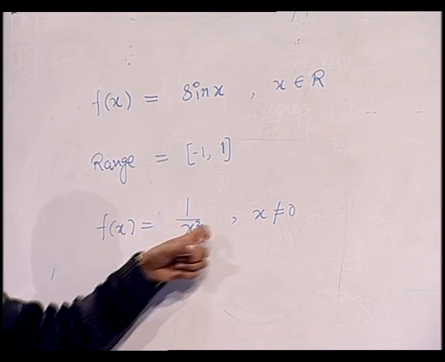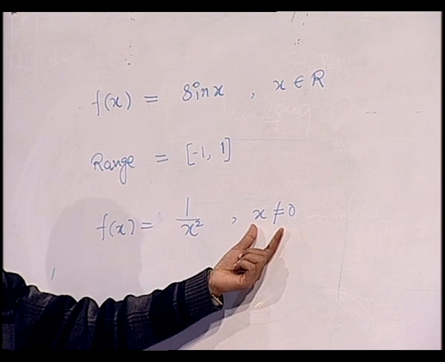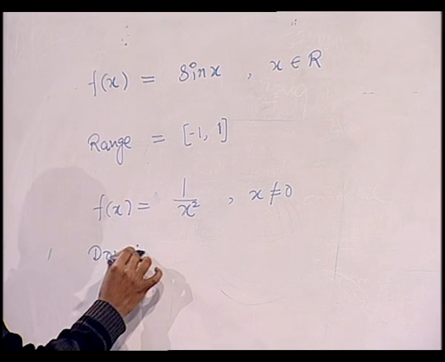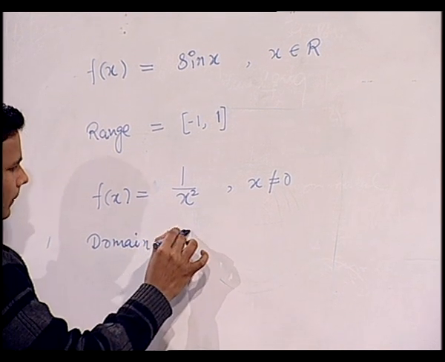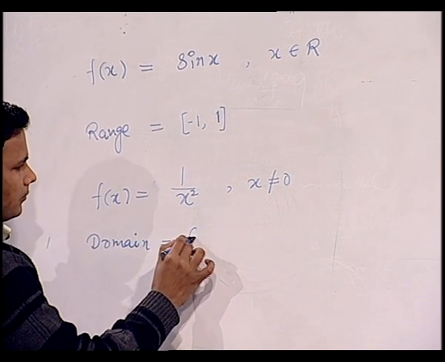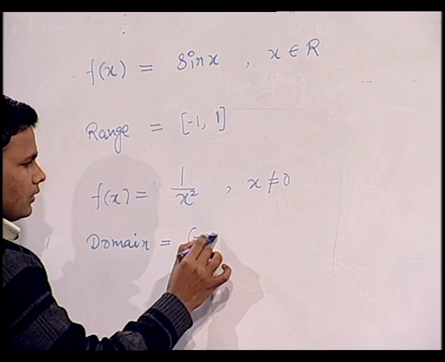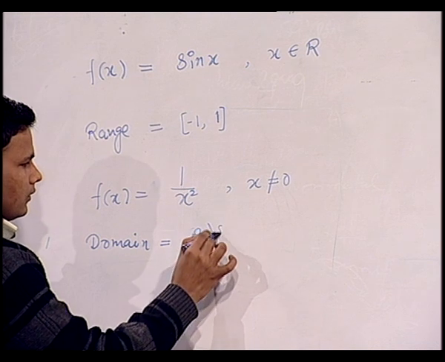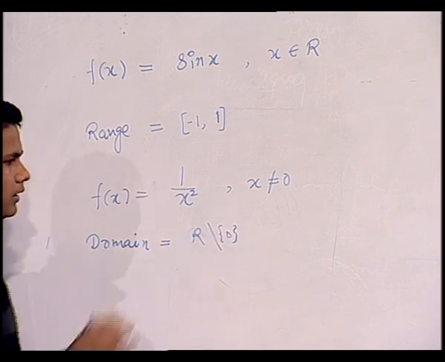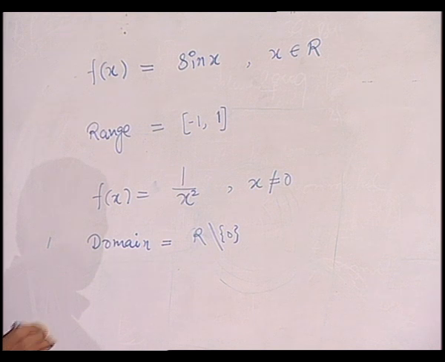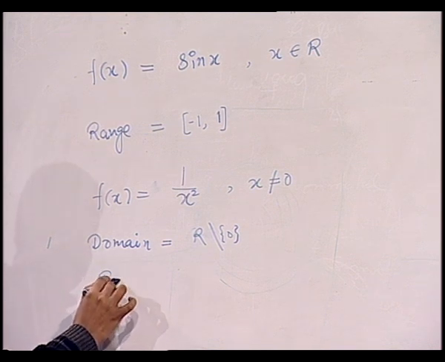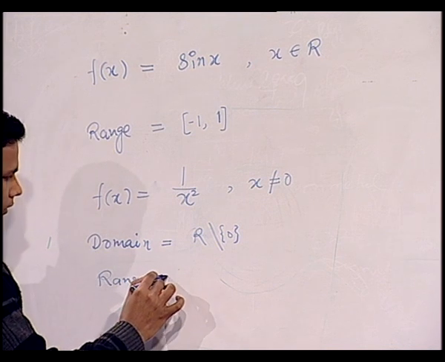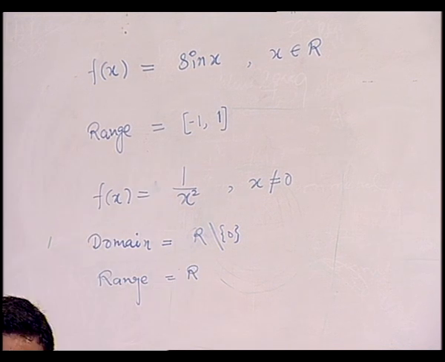So the function is not defined at 0. So its domain is R minus 0 and its range is R.